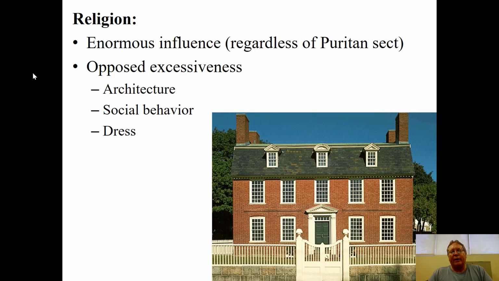Another thing we want to take a look at here is the fact that as these Puritans develop these colonies, they're going to have an enormous influence, not just on their immediate world, but even over a longer period of time, even after Puritanism, as it's called, is gone, right? This idea of how you're supposed to live your life.